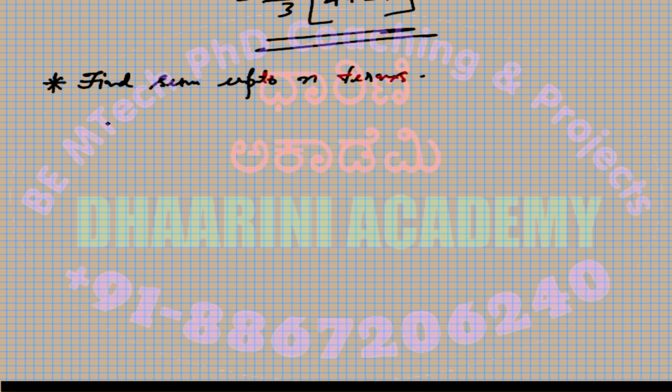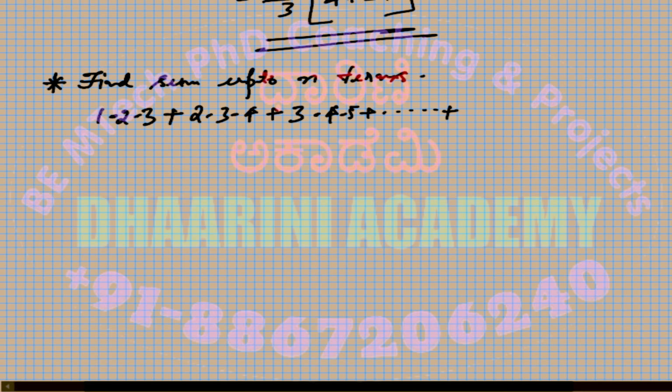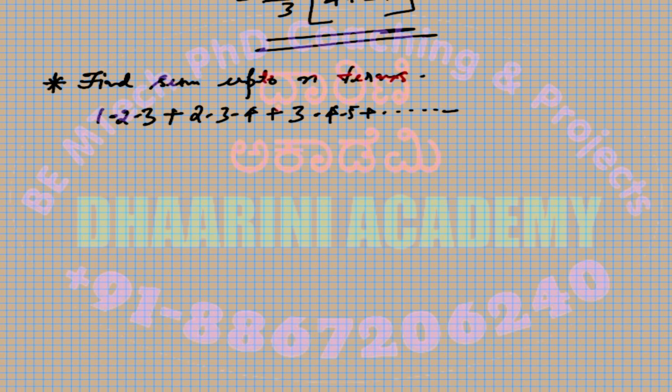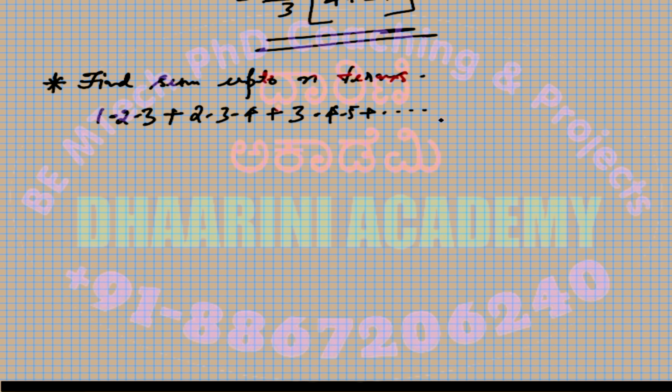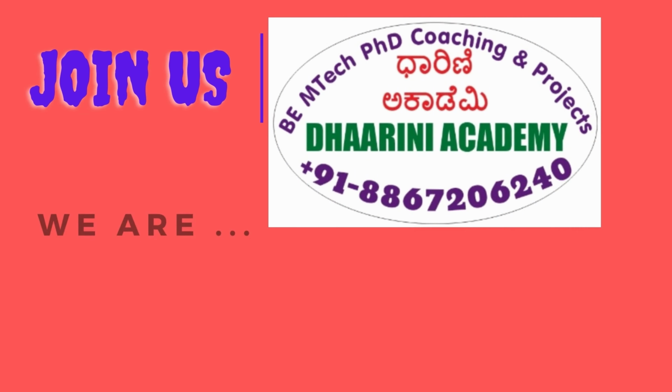The series is simply 1 into 2 into 3 plus 2 into 3 into 4. So the dot is actually a multiplier. Okay, plus 3 into 4 into 5 dot dot dot up to the nth term, right? That's already mentioned in the question, so we don't have to write an n term, right? So this is up to n terms.